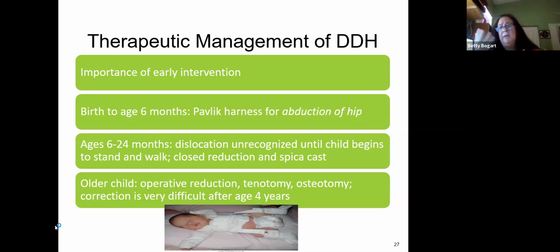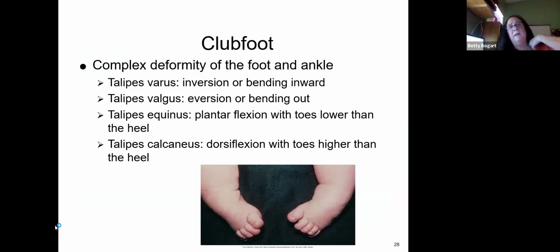They need to do tenotomies, osteotomies, or cut tendons and bones to try to stretch them to get it back where it needs to go. So hopefully it's the Pavlik harness with abduction of the hip. And then maybe Bryant traction, with their little butt cheeks off of the bed and their legs at a right angle, and that will hold them up there also and put it back.